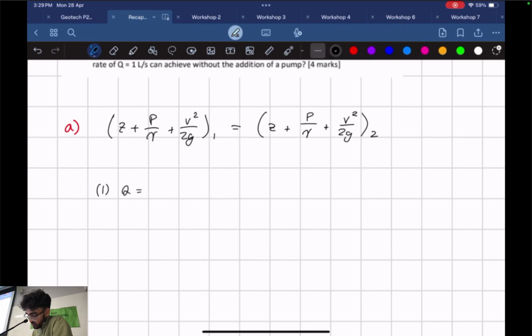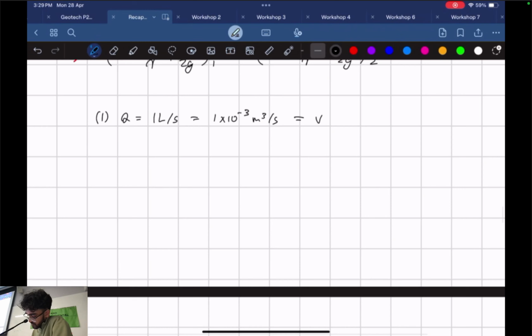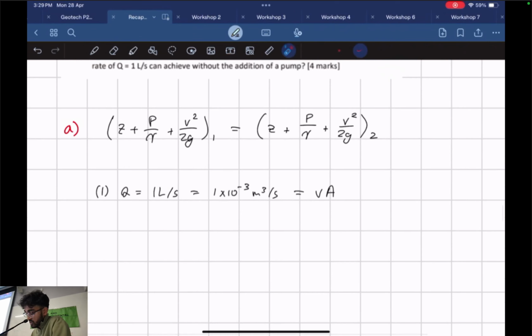So Q is equal to 1 times 10 to the minus 3 meter cubed per second, which is equal to V times A. What we're trying to find is V, right? Because looking at Bernoulli's equation, we don't know what V actually is for point 1 or point 2. We know what we're trying to find is pressure.